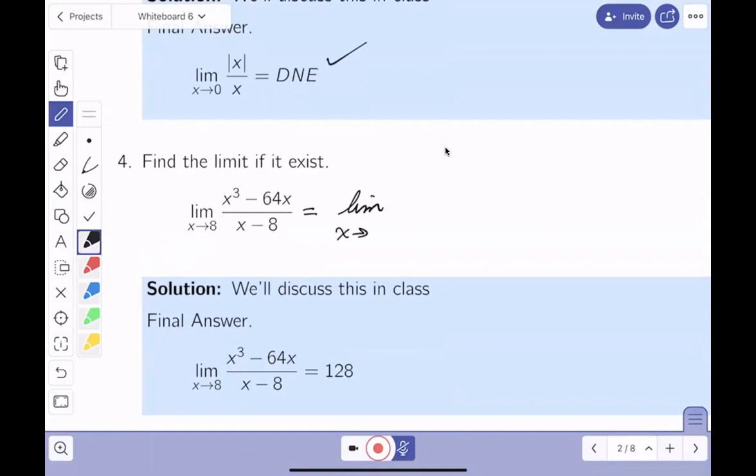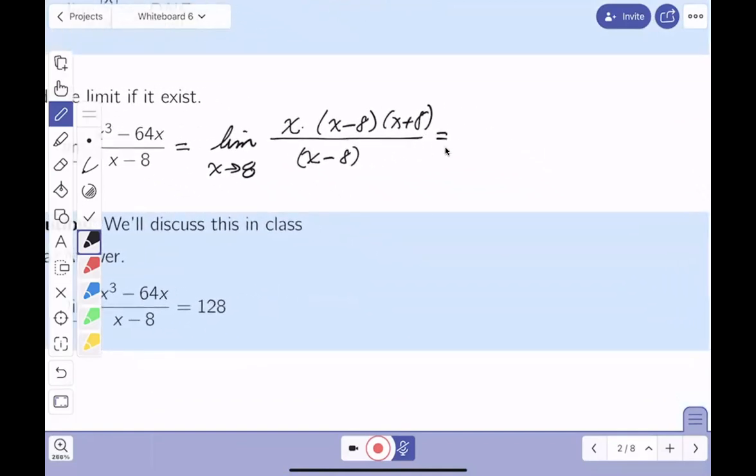X goes to 8. Unfortunately, the bottom is 0, so I need to manipulate this thing. So I'm going to factor the bottom, and I'm going to factor the top. And that would be X times X squared minus 64, which would be X minus 8, X plus 8. All right, I'm going to repeat this over and over again. This says get close to 8, but don't touch it.